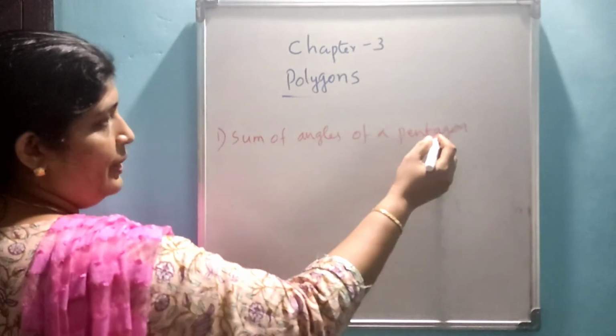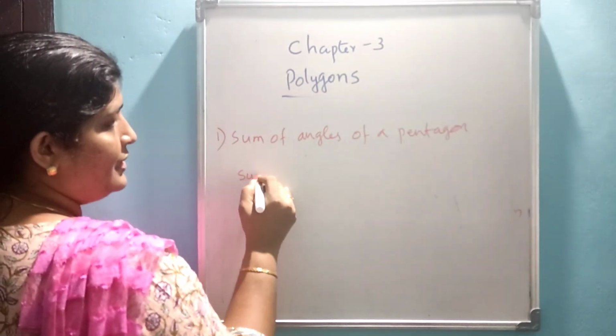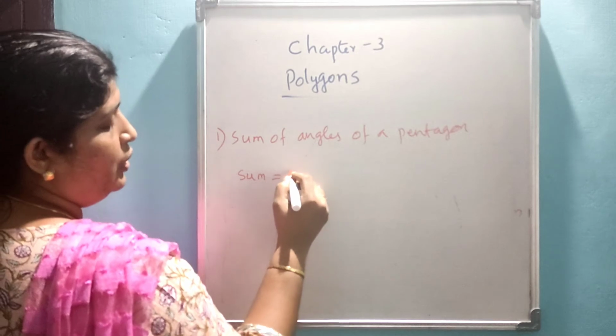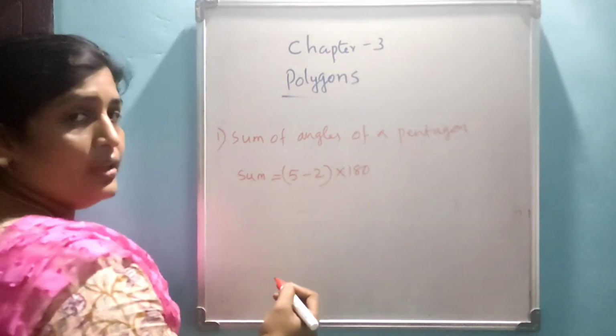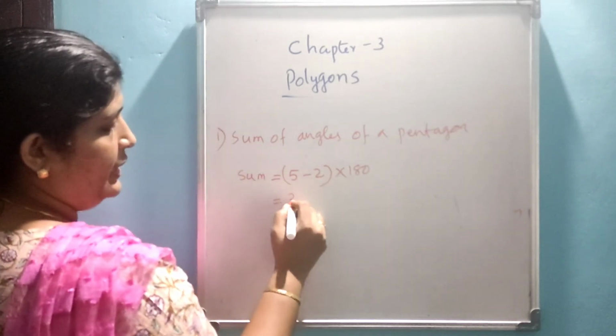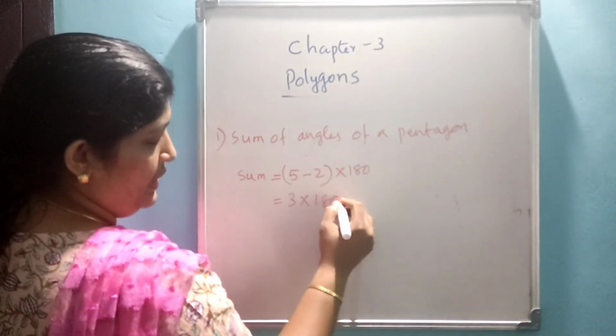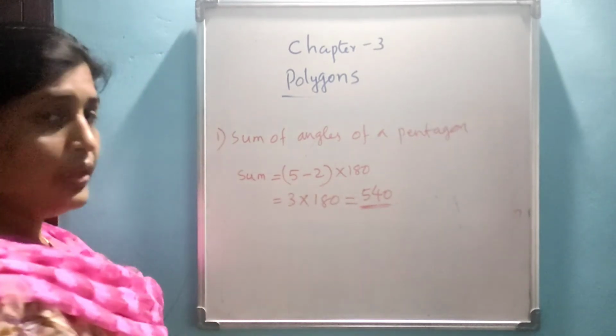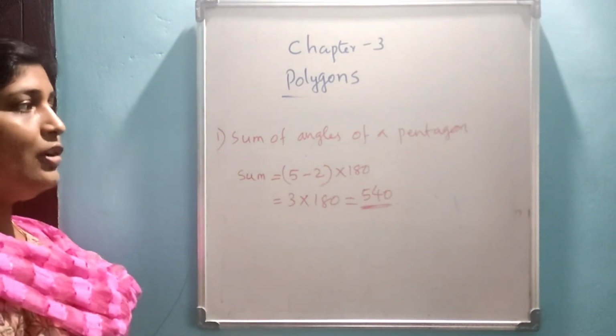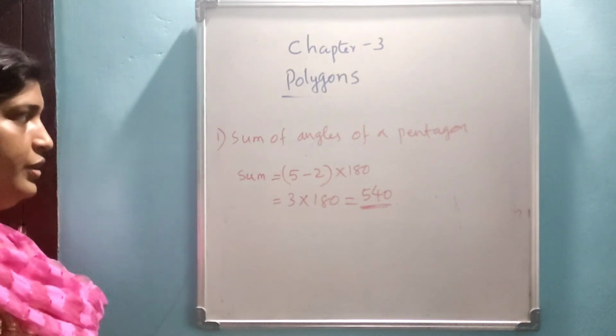So here this is the pentagon, so the sum of angles is 5 minus 2 into 180, that is 3 into 180, which is equal to 540 degrees. So the sum of angles of a pentagon is 540.